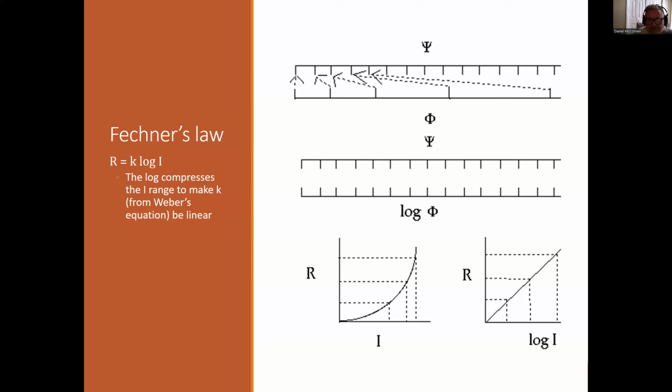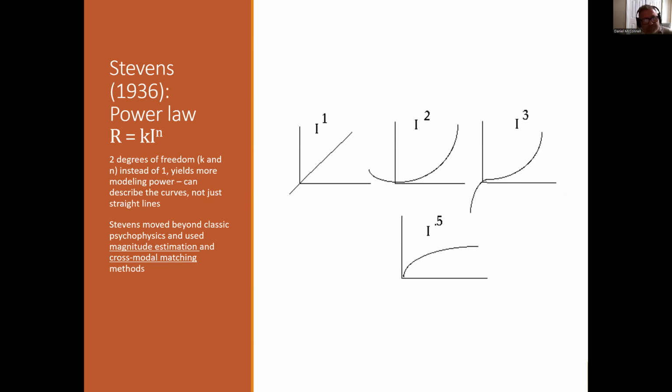And of course, the same thing applies, that different values of K would correspond to different types of systems. Some sensory systems might be more or less sensitive than others. That's still going to be revealed by variations in K. Now we're going to jump ahead a few more decades, getting a little closer to modern times with psychophysics.